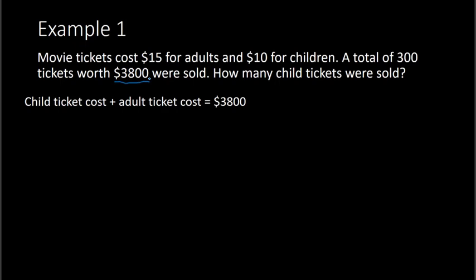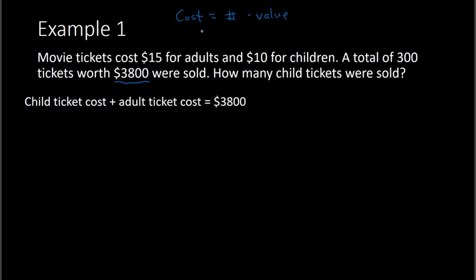We can use our cost formula to figure out what goes in here for the child ticket costs and for the adult ticket costs. We stated in the previous slide that cost equals the number of items times the value, or the price for each one.